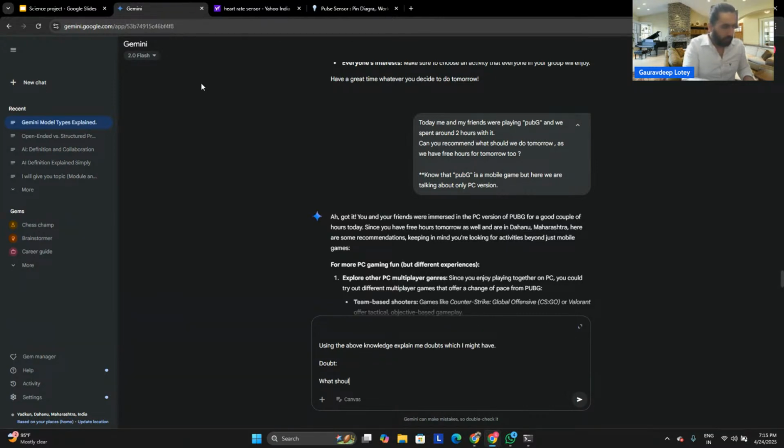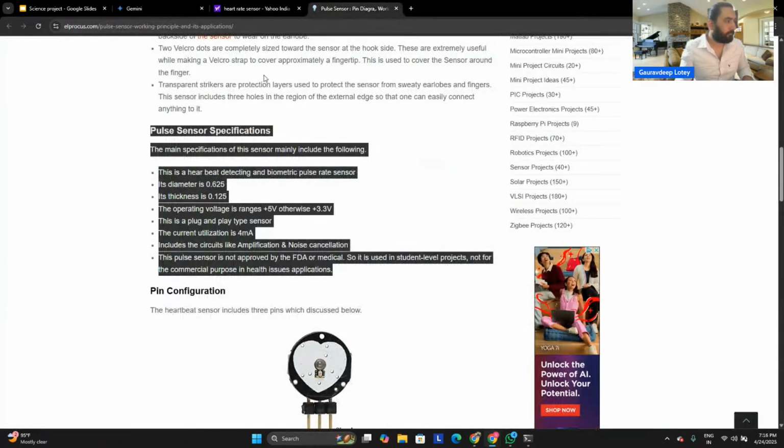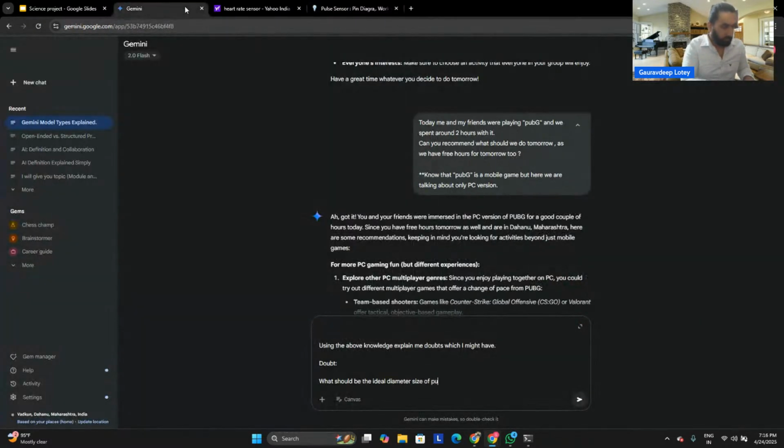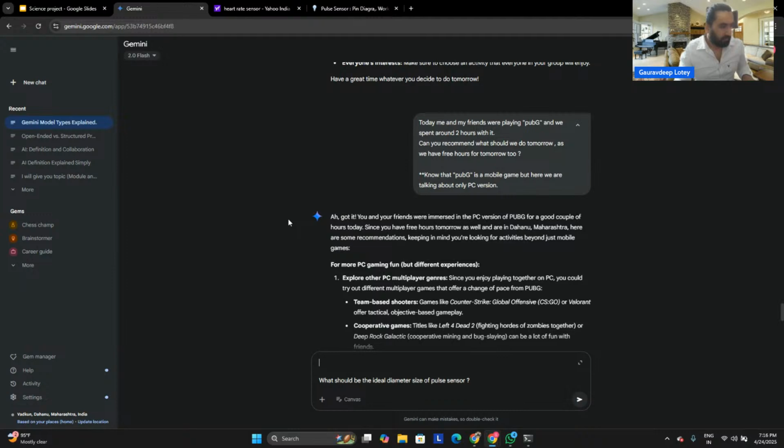What should be the ideal diameter size of the pulse sensor? Now let us erase the knowledge base ones, and now let's try to ask the question to the LLM.